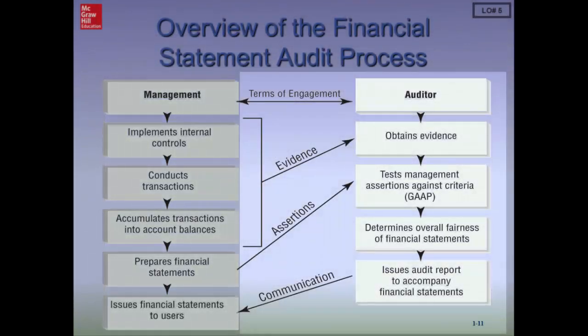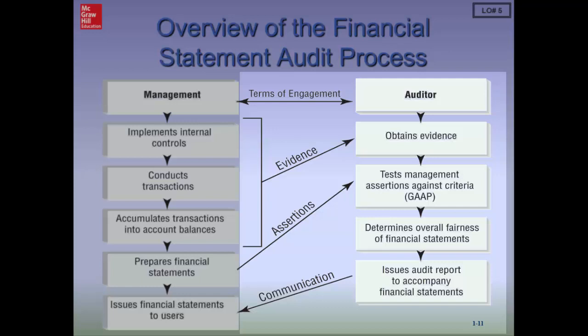The auditor, once we've defined our terms of engagement, we consider evidence. We consider evidence as it relates to the assertions of management and how these stand up against the criteria of our GAAP principles. We determine the overall fairness of the presentation. So you notice that we're not saying that the financial statements are exact.